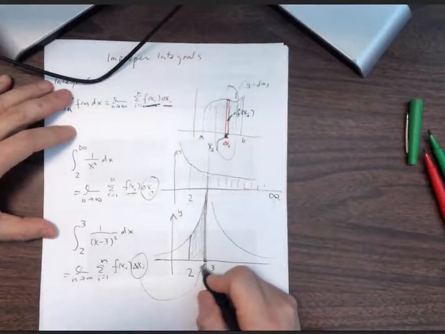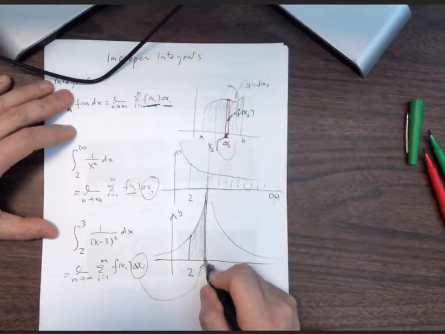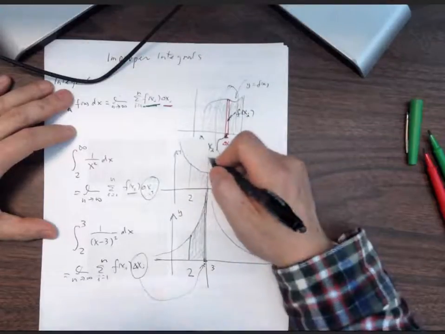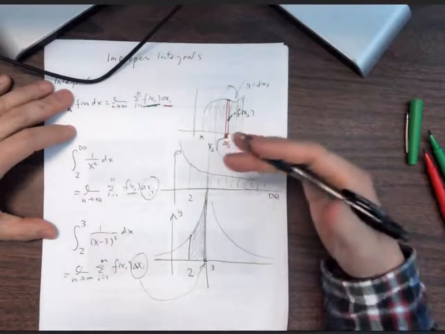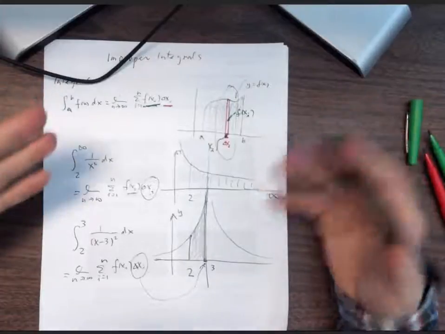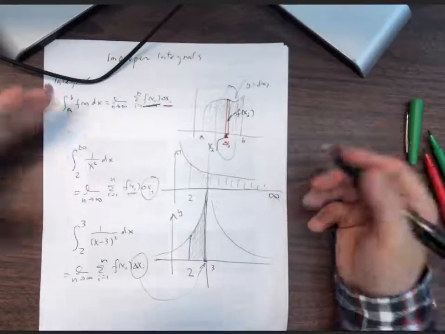So the closer the point is to 3, the larger the value. There's no limit, because really it's undefined, it's infinity.